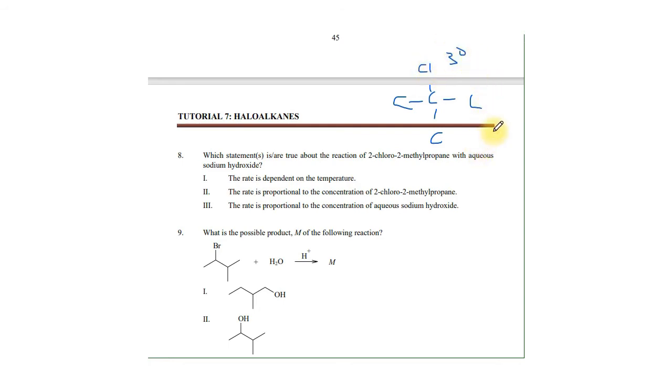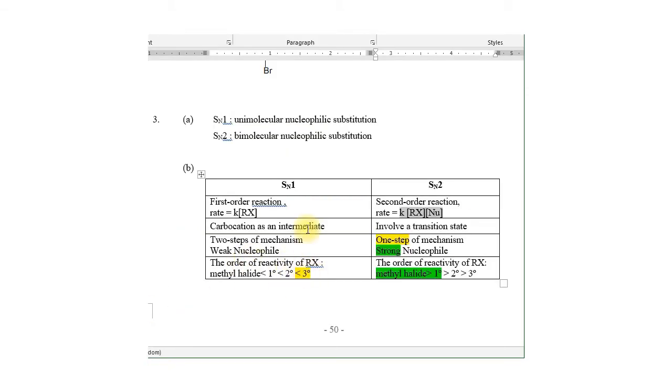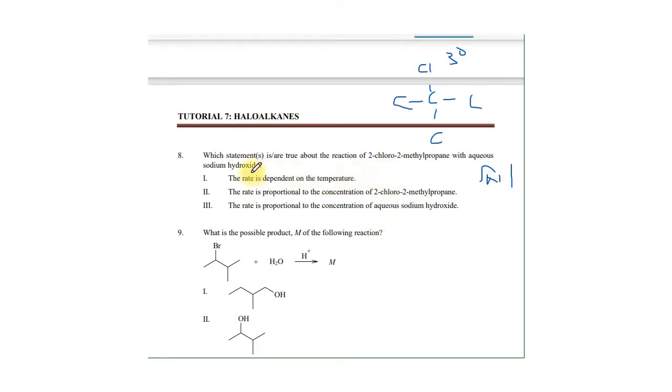If it is a tertiary haloalkane, it prefers SN1. Two-step mechanism using weak nucleophile, with carbocation as the intermediate. The rate is dependent on the temperature, we didn't mention it, so ignore. The rate is proportional to the concentration of sodium hydroxide? Actually, it is independent.